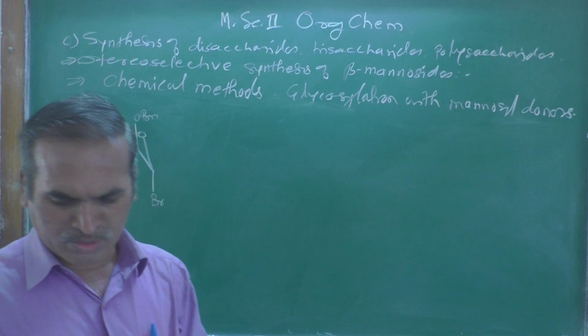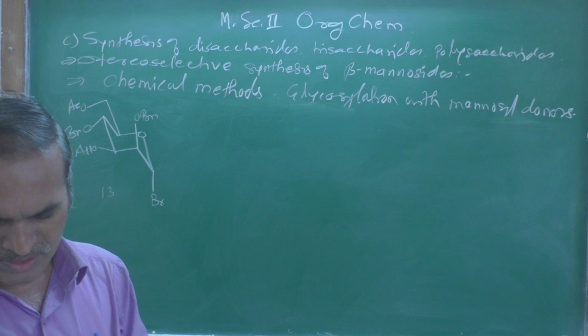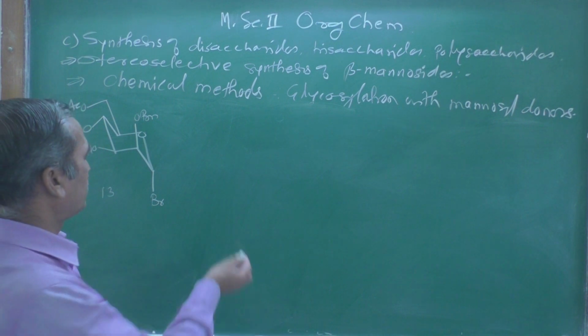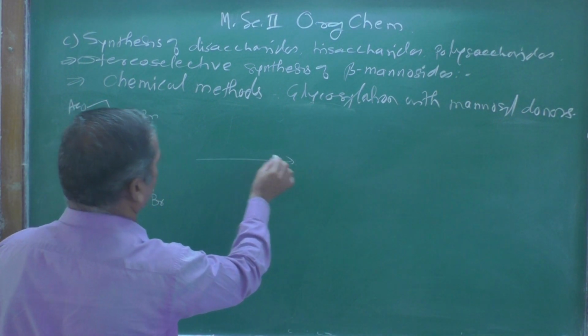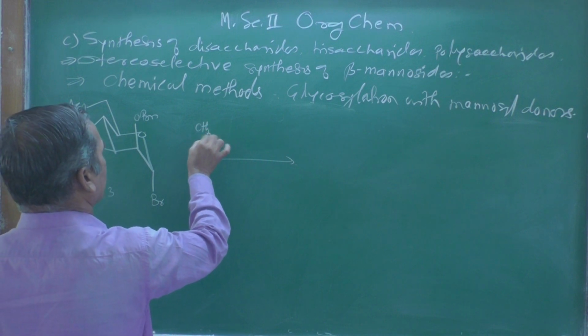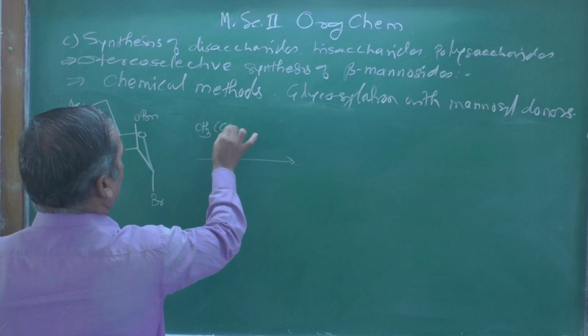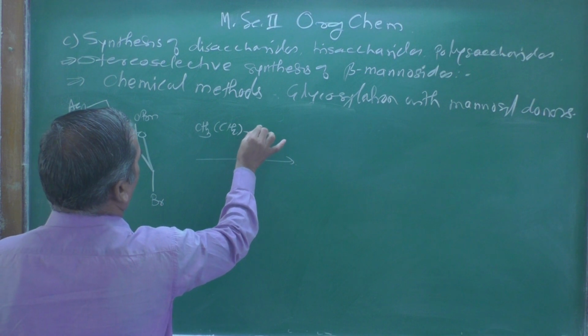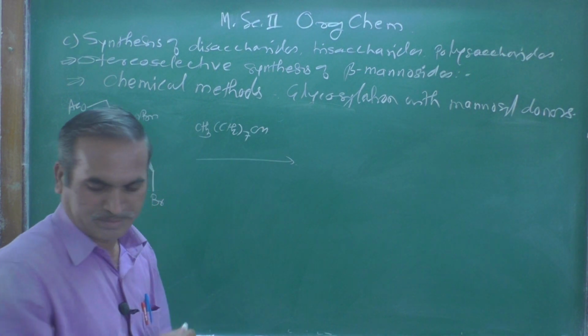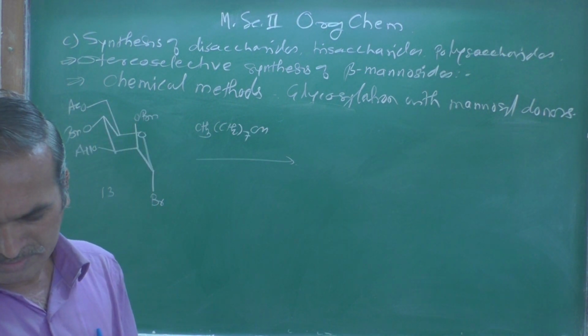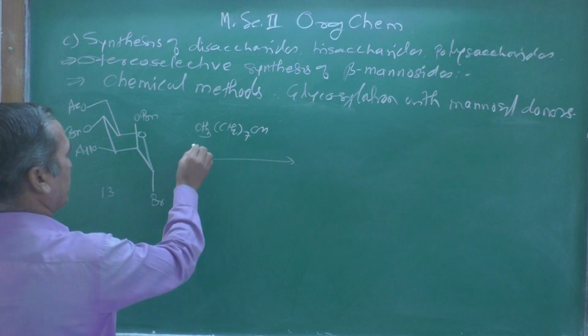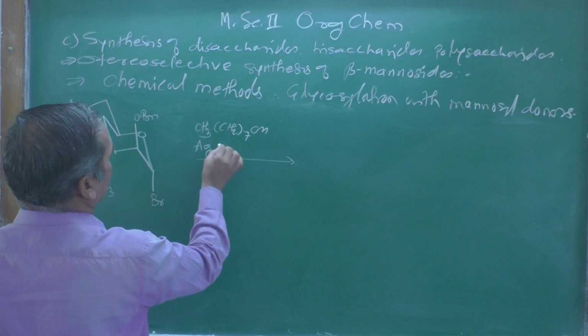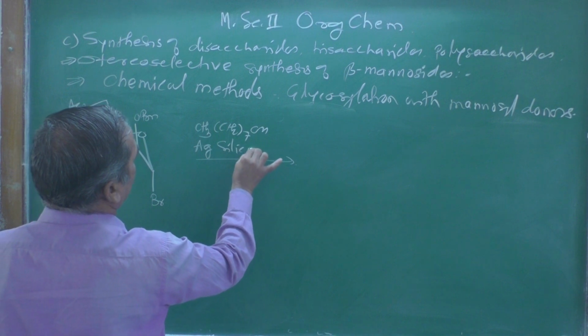When this glycosidic bromide is treated with octanol, the structure of octanol is CH3 CH2 seven times, then OH, the hydroxy group, it is then treated with silver silicate.